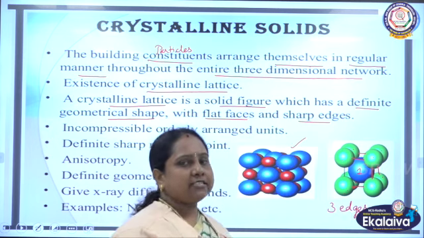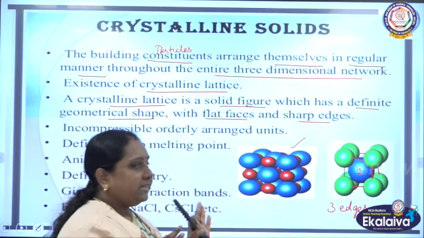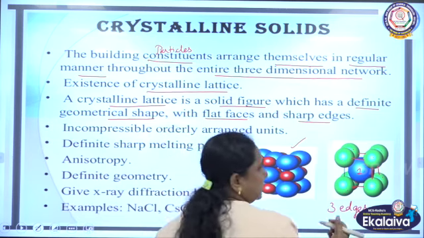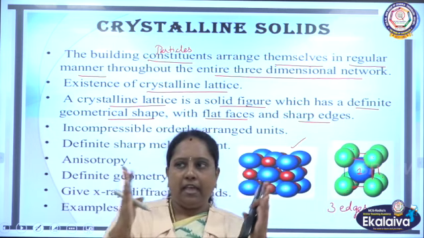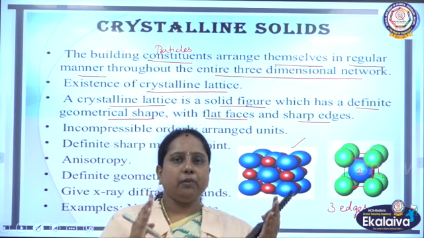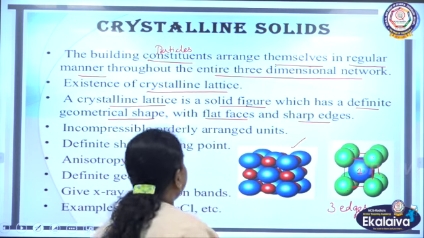And how many faces are there? Usually when you take a cube, in cubical shape, there will be 6 faces. What are the faces? Top and bottom, 2 faces, and lateral faces, 4 faces. So totally 6 faces are there.